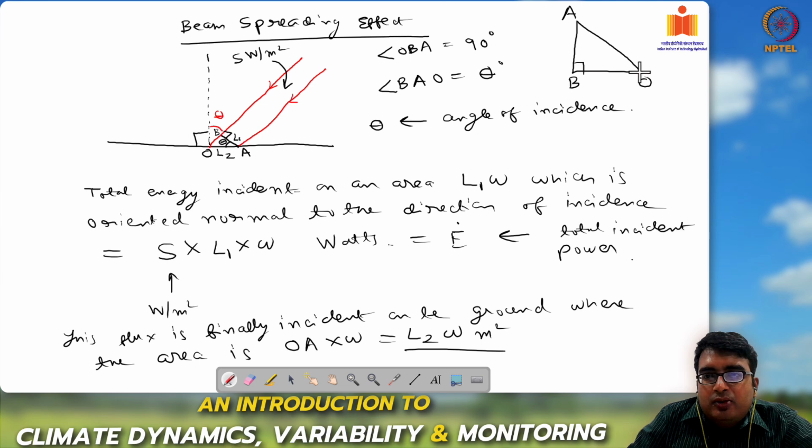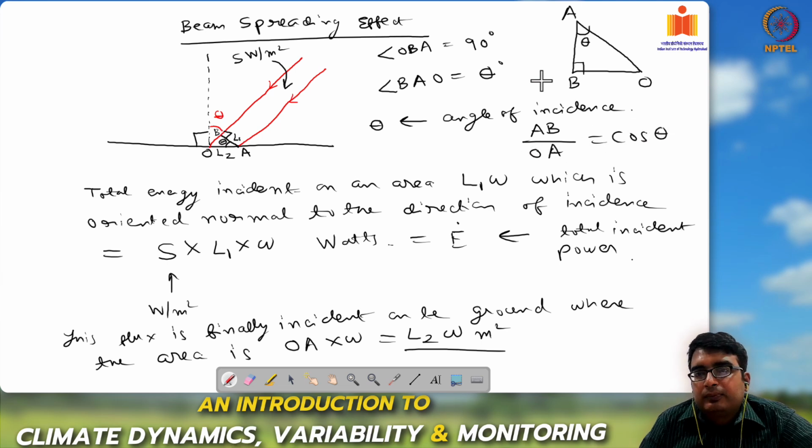OAB is theta. And what we are trying to find is AB by OA. Clearly, because this is a right triangle, we must have AB by OA equals cos theta, basic geometry.